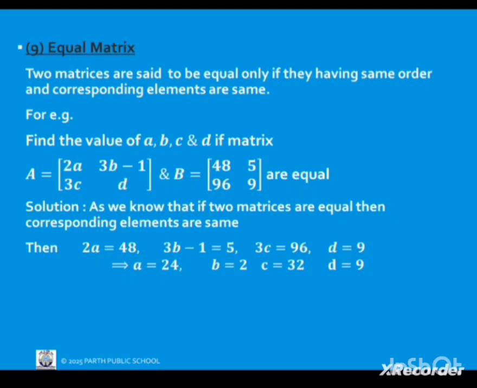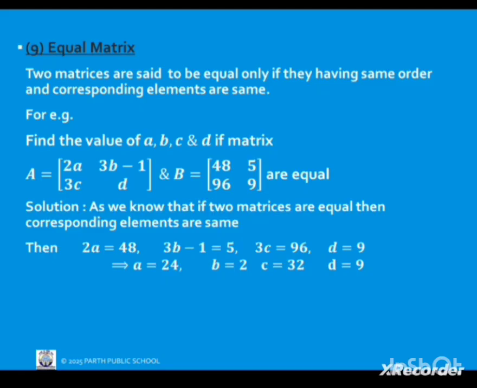Now you can see an example on the screen: matrix A and matrix B are given and they are equal, the condition is also given. Then find the values of a, b, c and d. अगर इक्वल है तो we will compare the corresponding elements. As we can see, 2a first element equal to first element, 2a equal to 48, then the value of a will be 24.